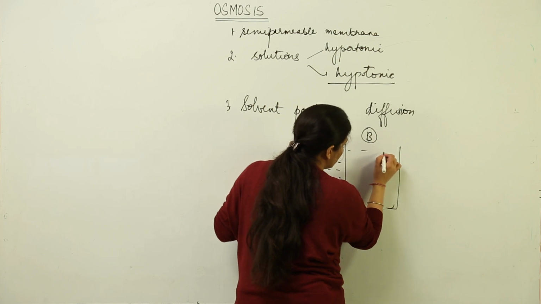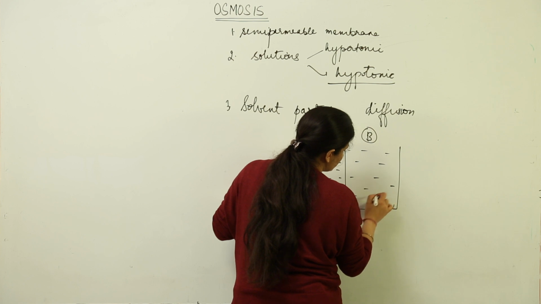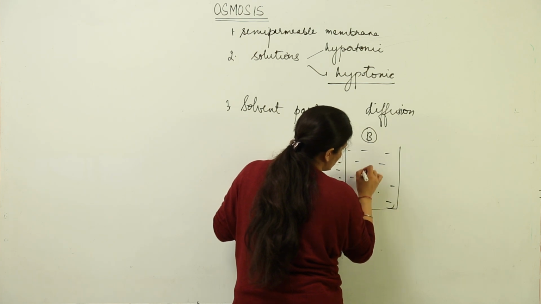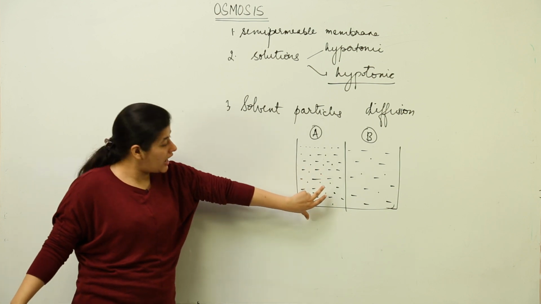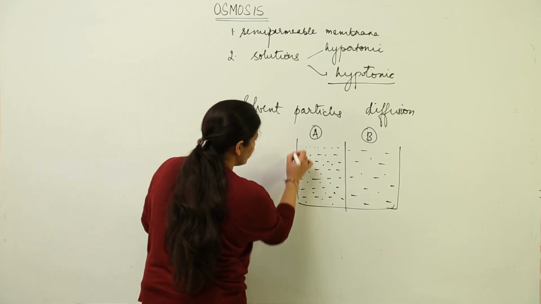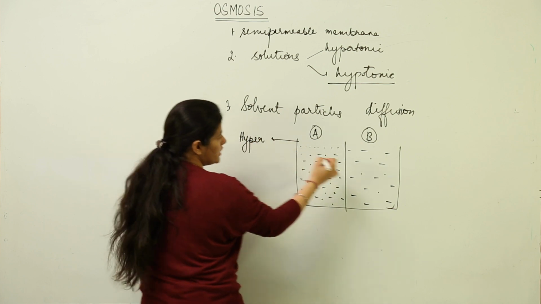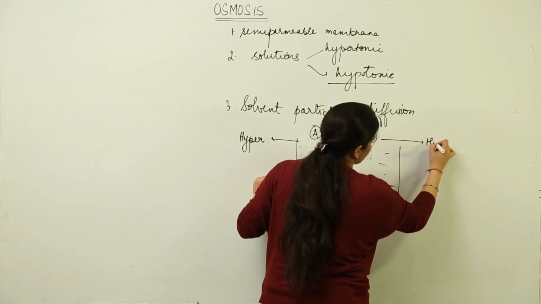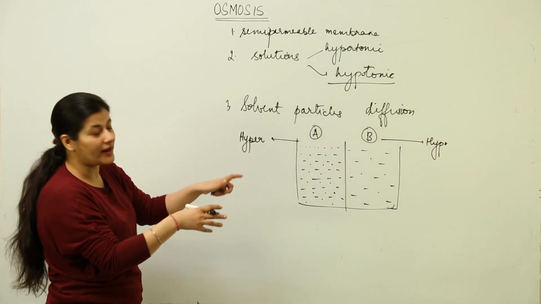And we have a hypotonic solution which has the least number of solute particles in comparative terms. This solution is hypertonic, this one is hypotonic, and please remember these two terms, hyper and hypo, both are relative.